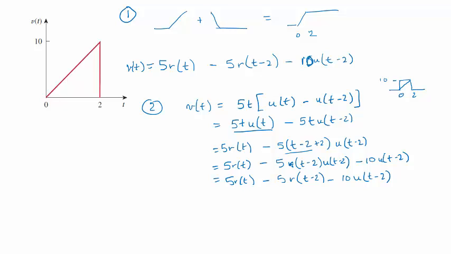So one other one that you could do is you could also observe, looking at the third one, that it's a ramp times a step. This one is a little bit trickier, method 3 from your textbook. This third method is going to look at the fact that you could do another multiplication.